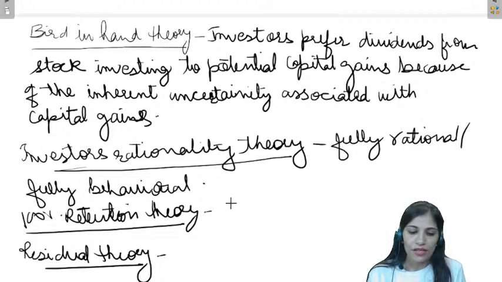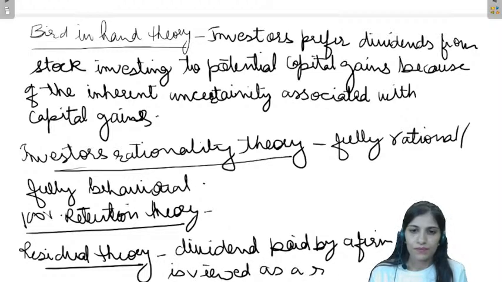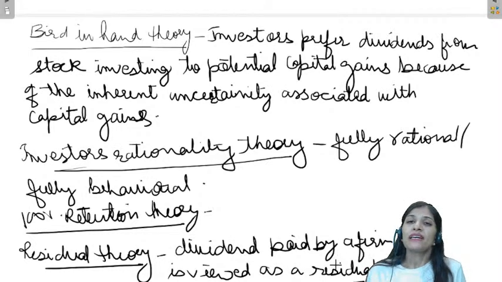Next. Residual theory. Residual theory suggests that, see, what do we understand by residue? Residue is remaining portion, the बचा हुआ portion, the leftover. So dividend paid by a firm is viewed as a residual.